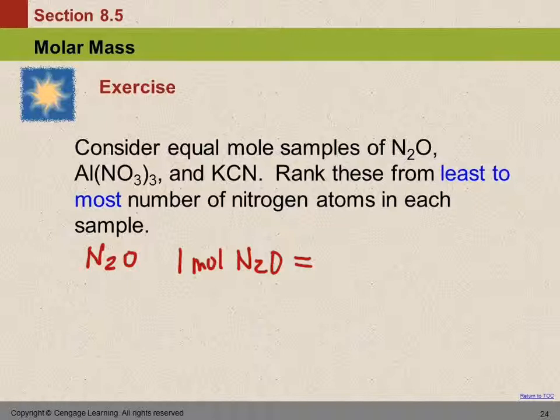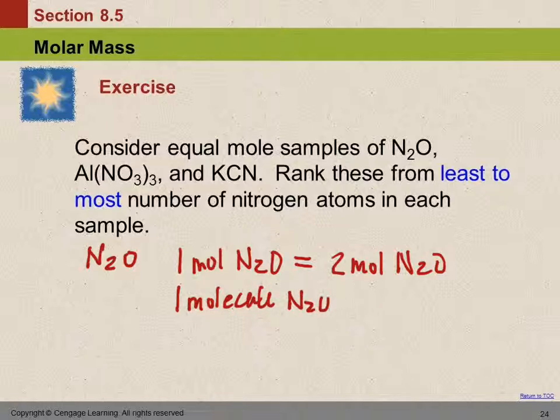Or you can think of it, one molecule of N2O has how many nitrogen atoms? 2, right? 2 moles. That's the same as saying one molecule of N2O has 2 atoms of nitrogen.